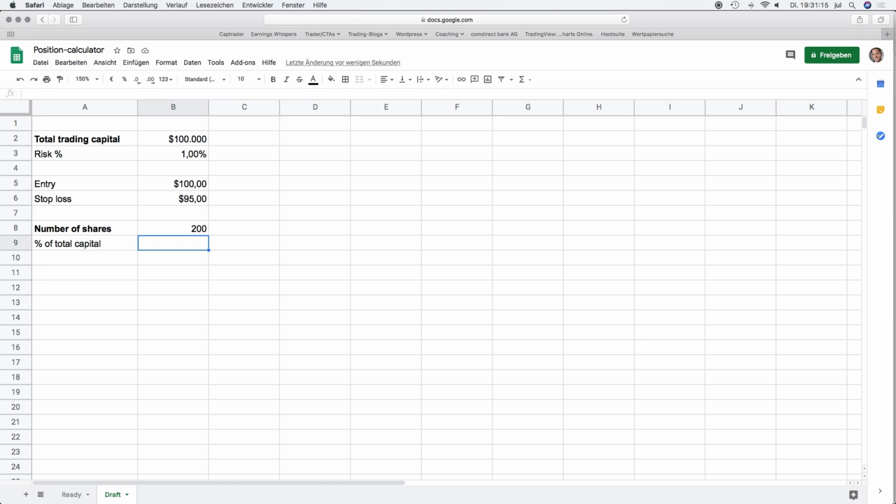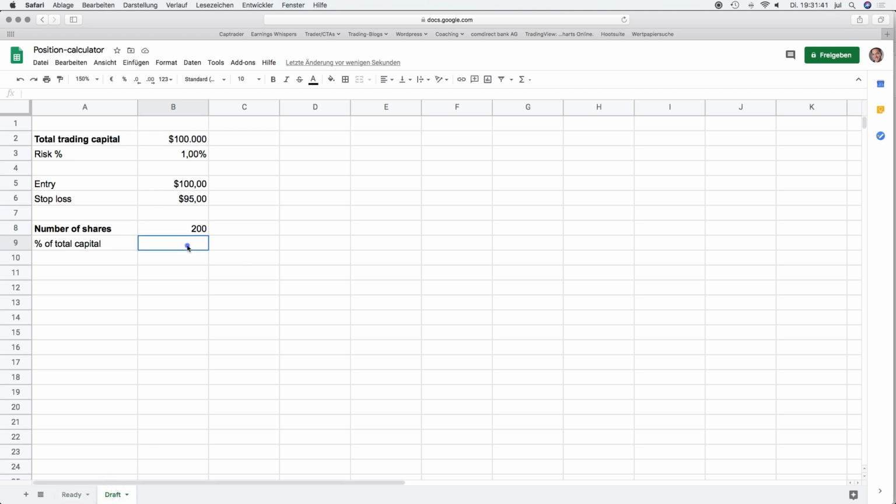So, and again, how much percentage is that? We also have a very simple formula for that. So you can see that here in the ready part. Also, it's always from the total trading capital, and of course it's the number of shares multiplied with the entry.